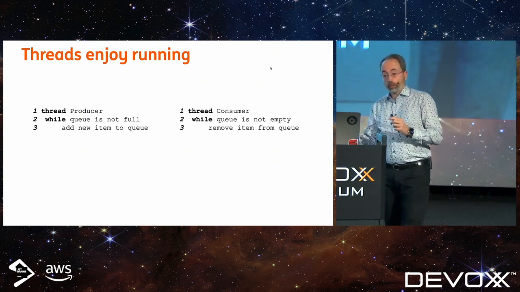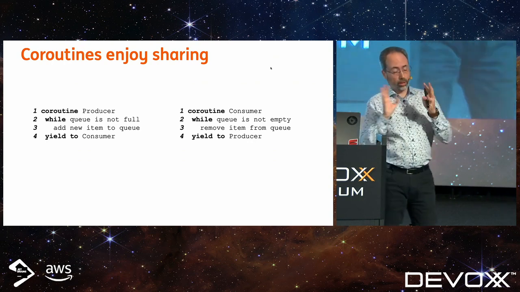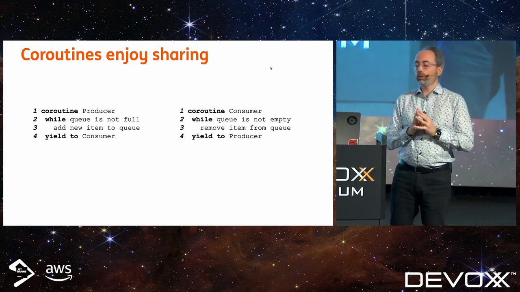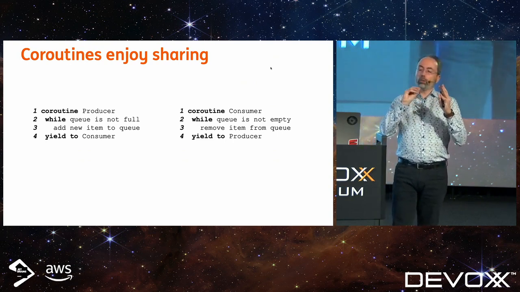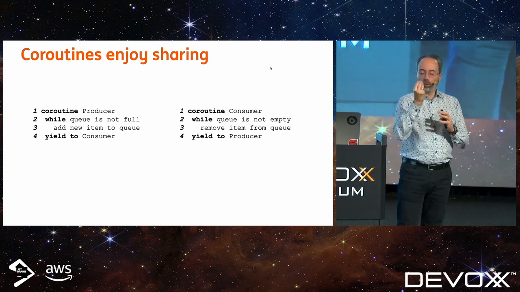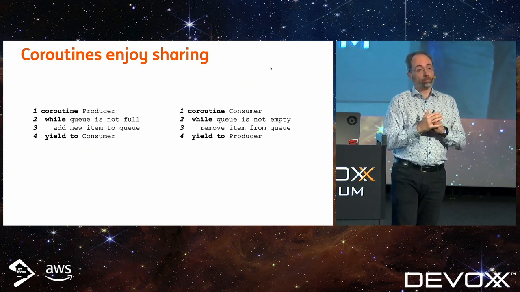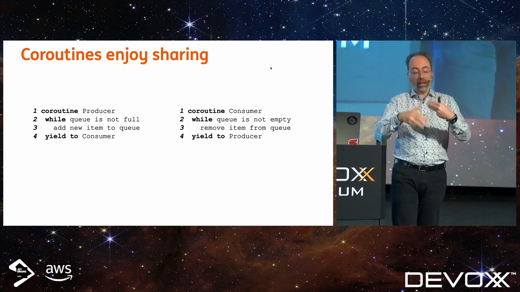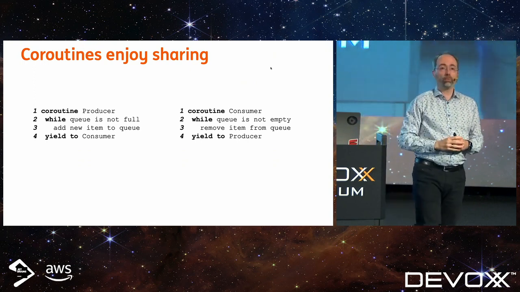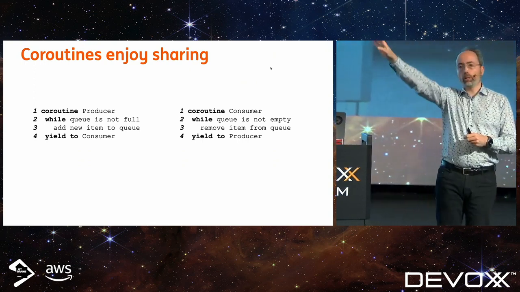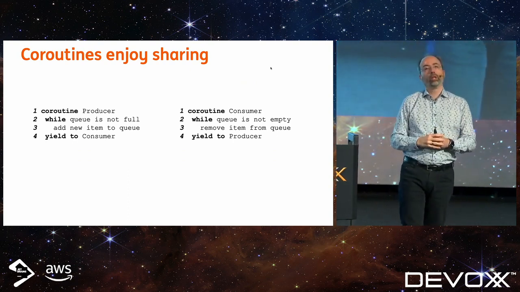If, on the other hand, we look at pseudocode for coroutines, we see a small difference. The producer adds items and then gives some CPU time to the consumer. So I placed some items there. Now let's allow others to take them from the queue.